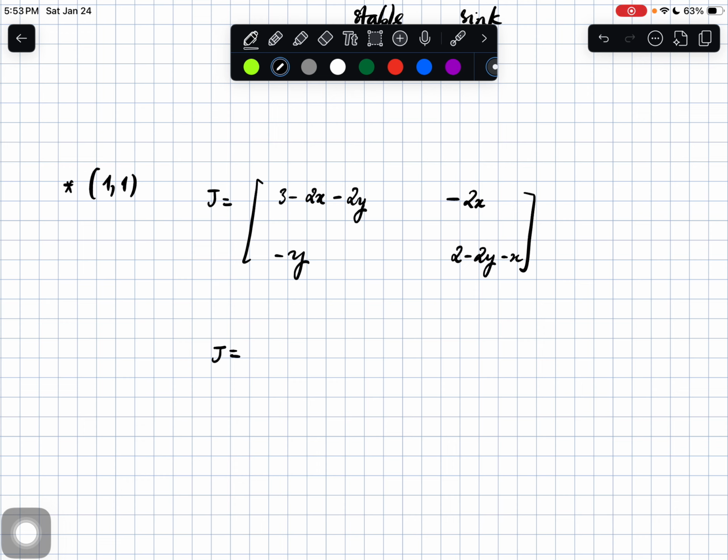Jacobian is 3 minus 4, minus 1, minus 2, minus 1, minus 1.